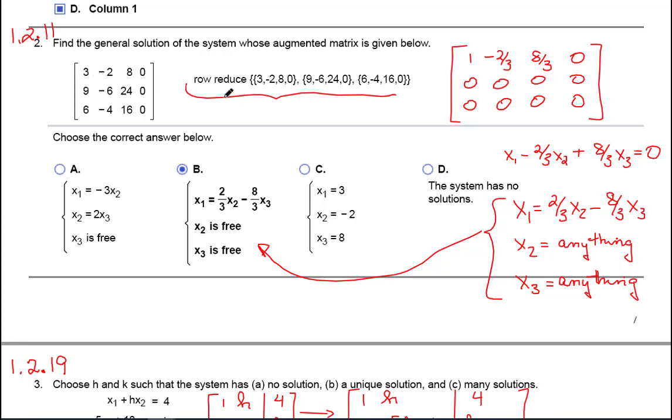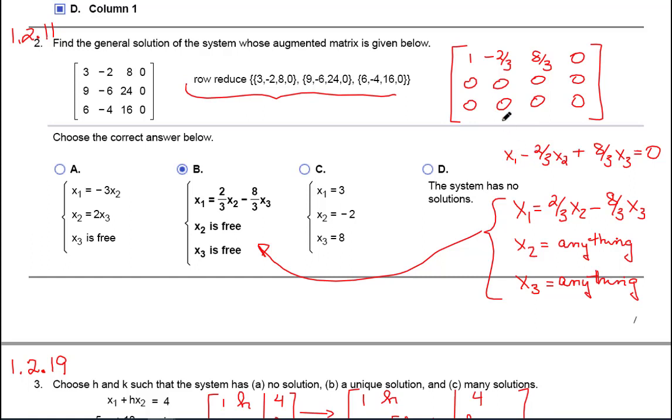But I'm going to use the row reduce again with this matrix to get it in reduced form. So I notice that I've got 2 rows of zeros, which tells me that x2 and x3 are free variables. They can be anything that I like, and my x1 variable depends upon x2 and x3.